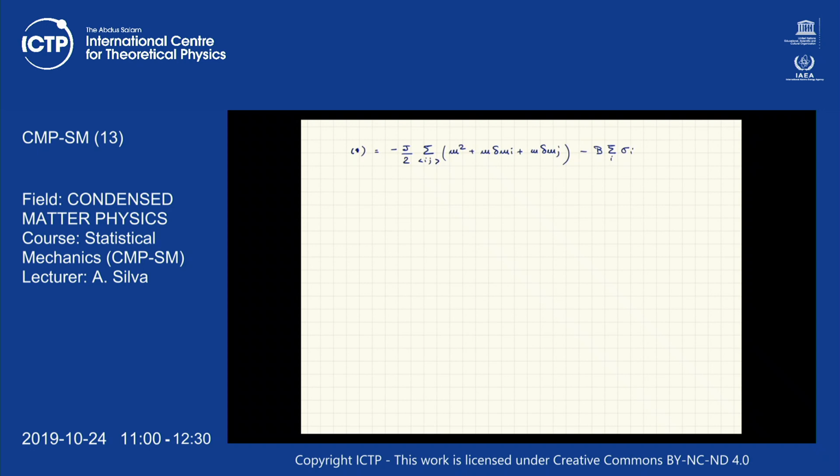Now remember, what is delta m i? Delta m i was sigma i minus m, and the same for j: sigma j minus m.